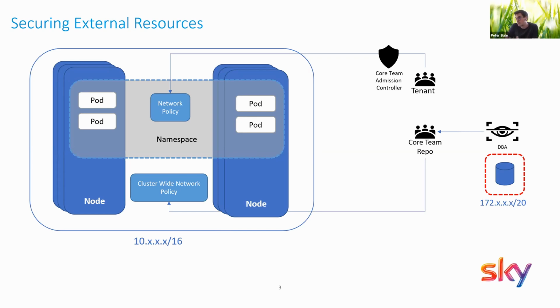The next iteration for us, because we effectively want to move ownership of resources, and in this case, it would be that cluster-wide network policy to the owner, which in this case would be the DBA team. So we're currently looking into ways in which we could allow teams to have some sort of CRD that they create that they would then own a given CIDR range.